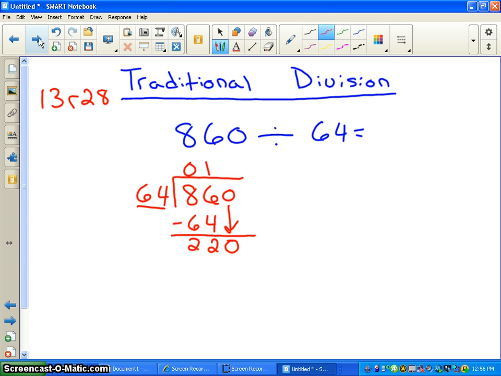But for this particular problem, you can see that what we need to do is take 64 times something to get to 220. Well, I know that 64 times 3, right, because I know my answer is 13 with the remainder 28. So I'm going to do 64 times 3.